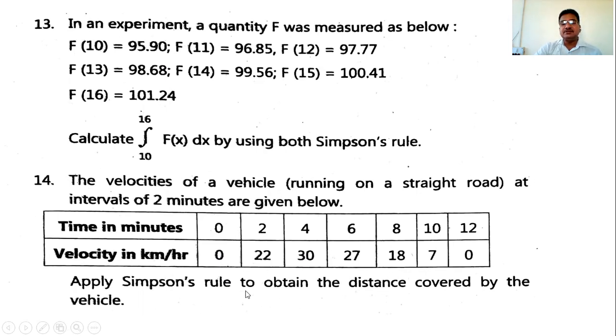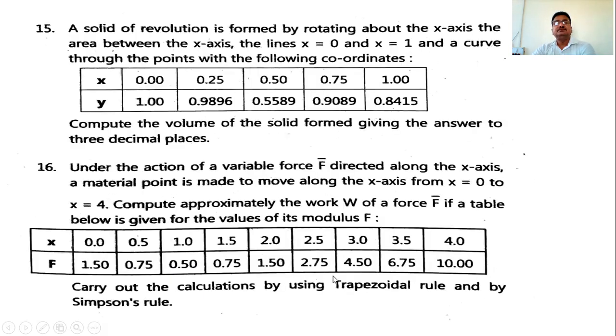Apply Simpson's rule, either 1/3 or 3/8, to obtain the distance covered by the vehicle. So write directly the distance covered by the vehicle is equal to the integration from 0 to 12 of y dx, and then write Simpson's 1/3 rule and find the value.